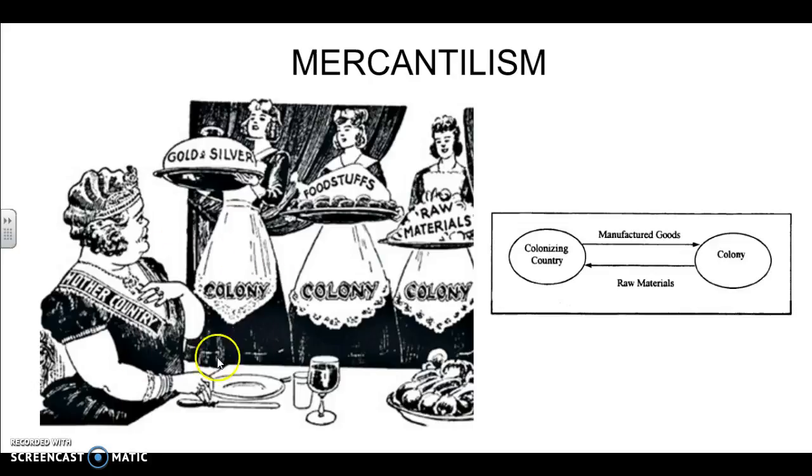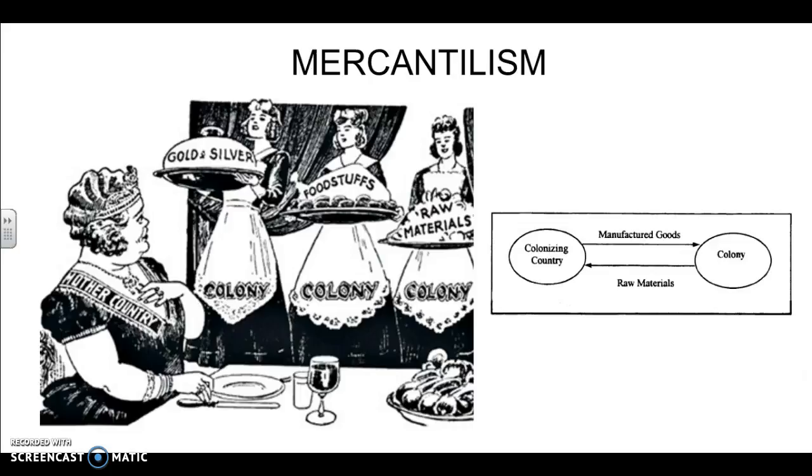So this little political cartoon right here, and again, this one was on the quiz, we talked about how this mother country, this woman right here, represents England, and all of these servants, and their aprons say it, represent the colonies, and all of these things that the mother country would just get from the colonies without really having to do a ton of work itself.